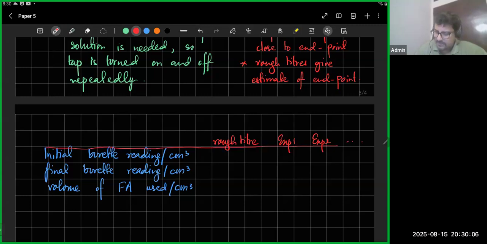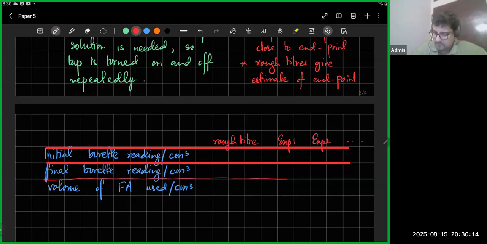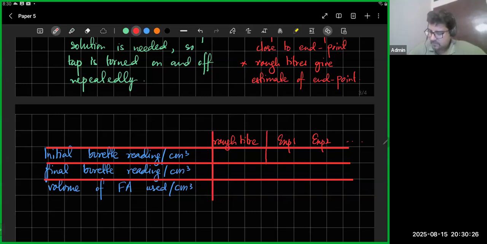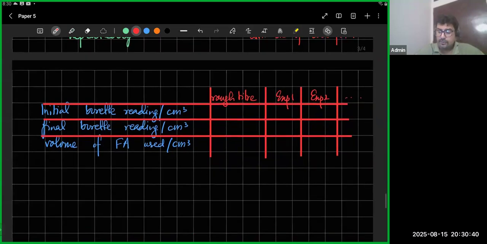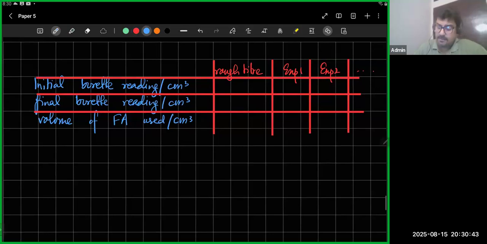Let's make the table. You'll have a table like this: rough titration, experiment one, experiment two. You're going to continue writing readings until concordant results are obtained.